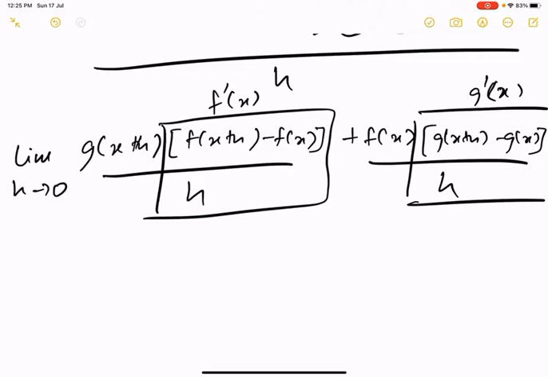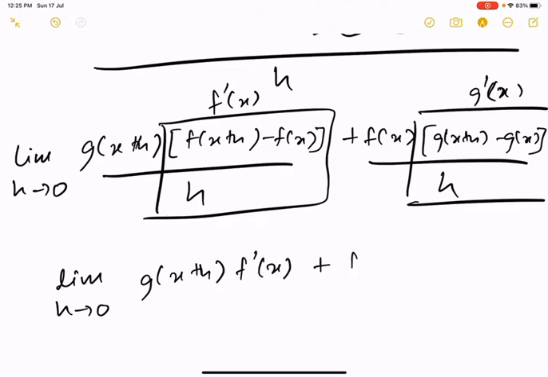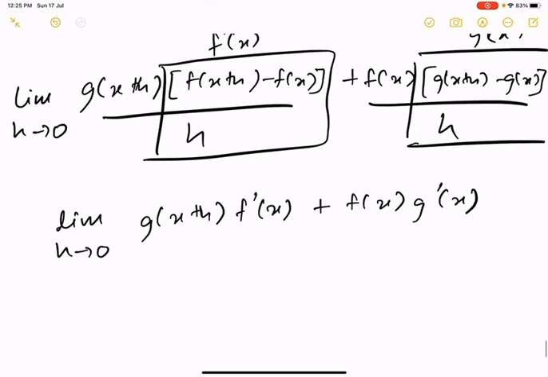Change in f, how much is your f changing, and here how much is your g changing, right? So I can simplify this and write it as g of x plus h, this is your f dash of x, plus f of x, this is your g dash of x. Now what is g of x plus h, limit as h goes to 0?